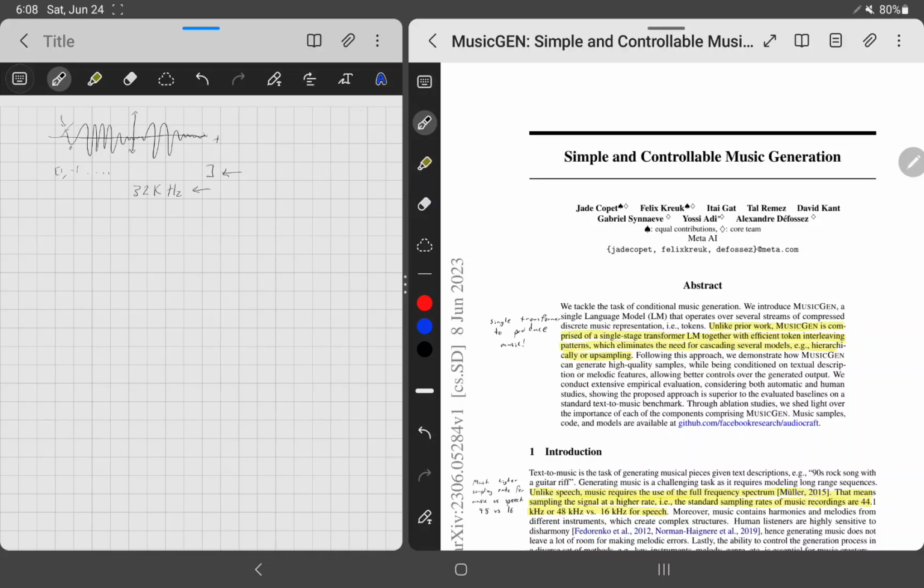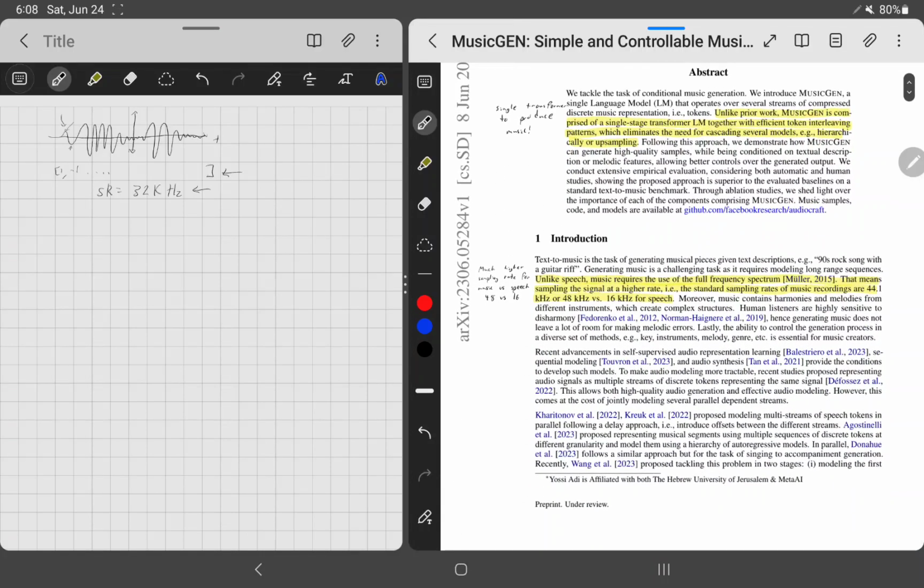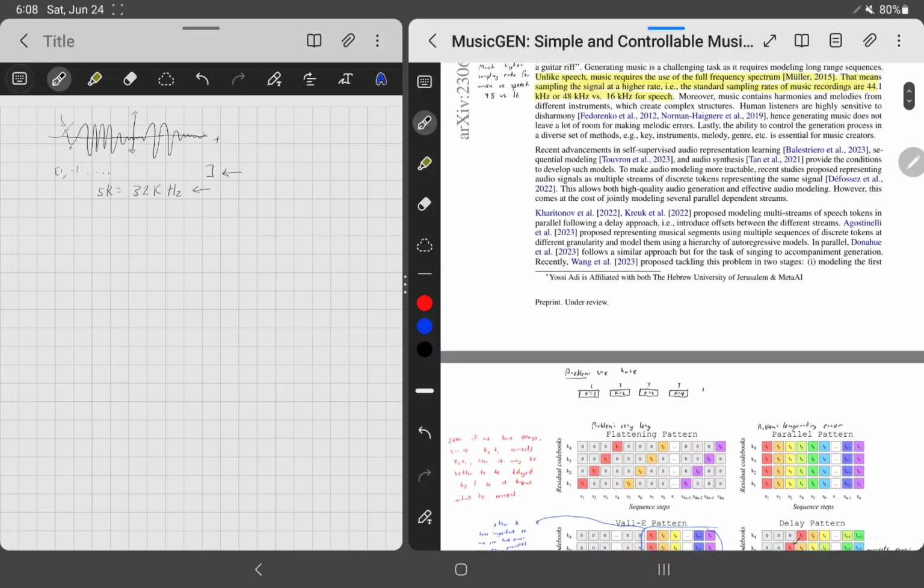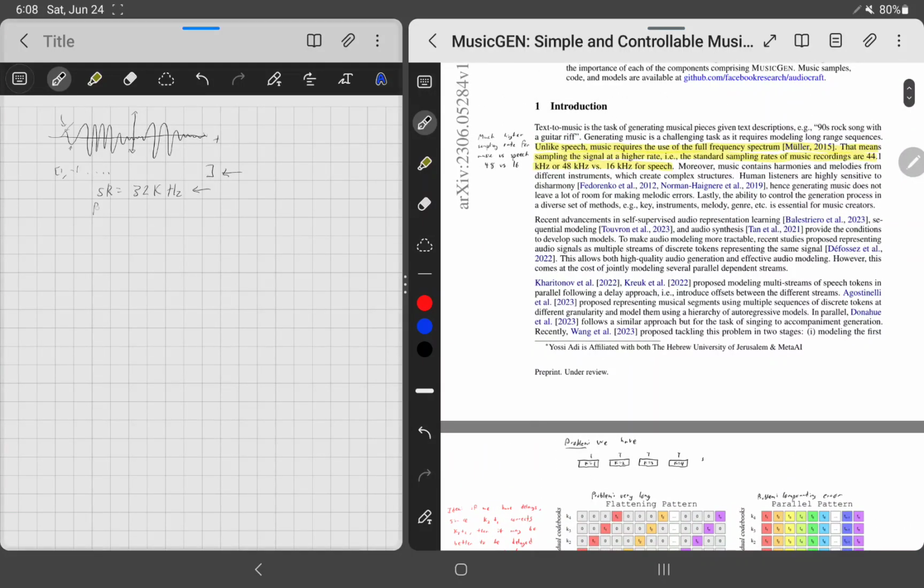If you want anything more than a second, then you multiply 32,000 by however long your audio is, and you get this massive vector. So they call this f sub s, which is equal to 32,000 hertz. And that's what they're going to try to model.